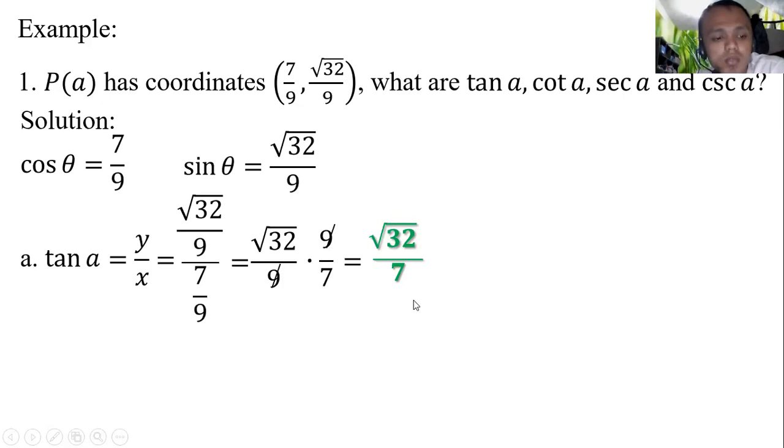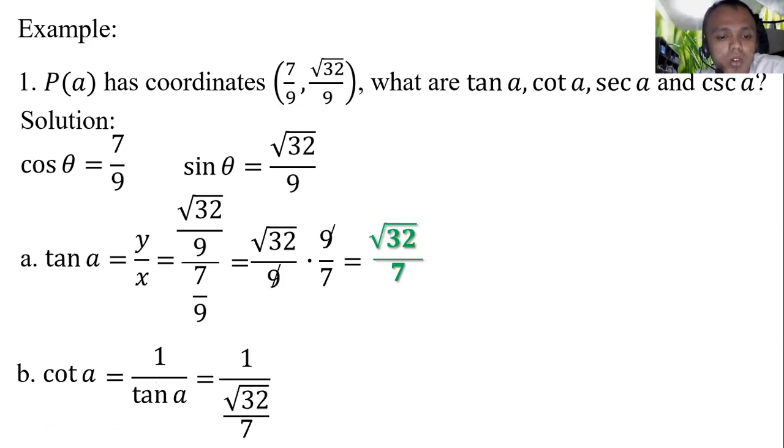Now, cotangent A naman is 1 over tangent A. Now, we have your tangent A here is equal to square root of 32 over 7. Substitute natin yan. Then, get the reciprocal of square root of 32 over 7. Then, we have 7 over square root of 32 times 1, still 7 over square root of 32. But hindi pa tayo nagtatapos dyan. May square root pa dito sa denominator natin, may radical sign pa.